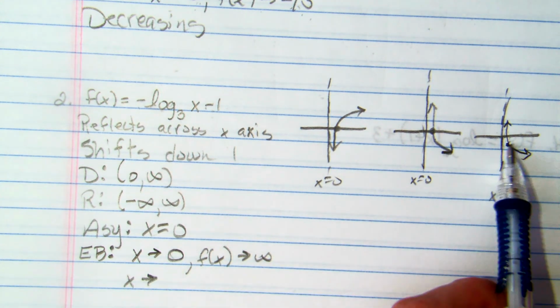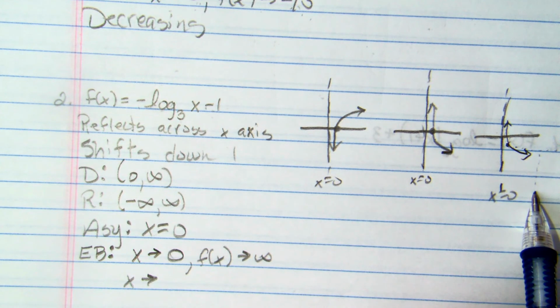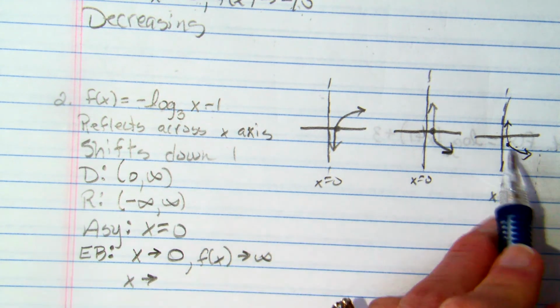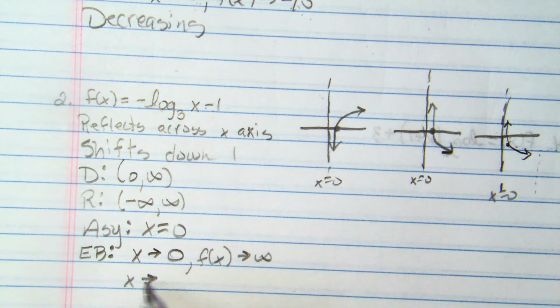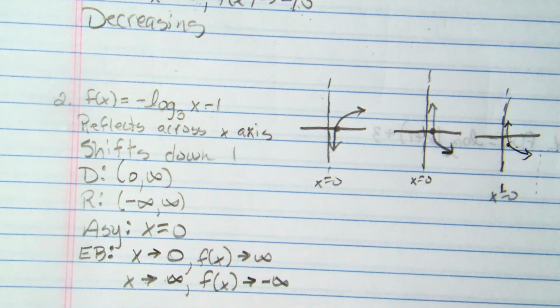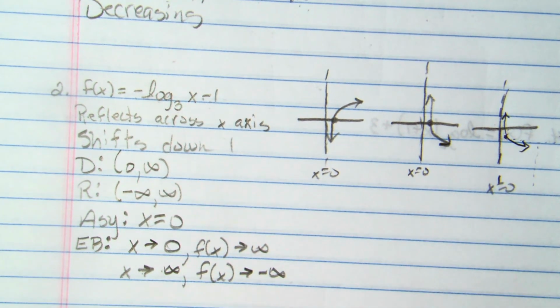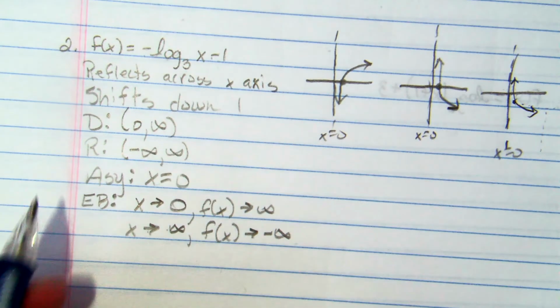As x approaches positive infinity, f of x goes down, so f of x approaches negative infinity. And this graph is decreasing.